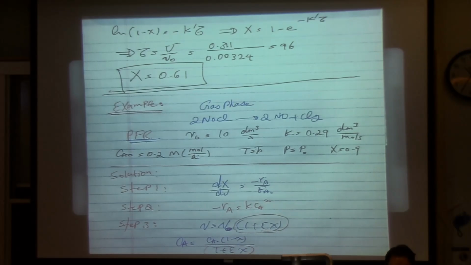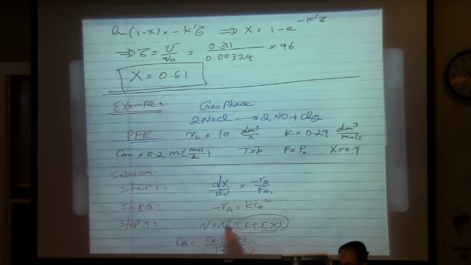So just to reiterate, if it's liquid, if it's a gas in a fixed chamber, a batch reactor, or if it's a gas with a constant number of moles on both sides, epsilon would be 0, basically doesn't count. So it would be an easier pathway.